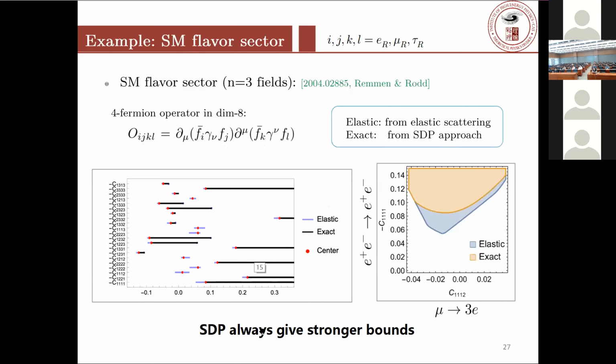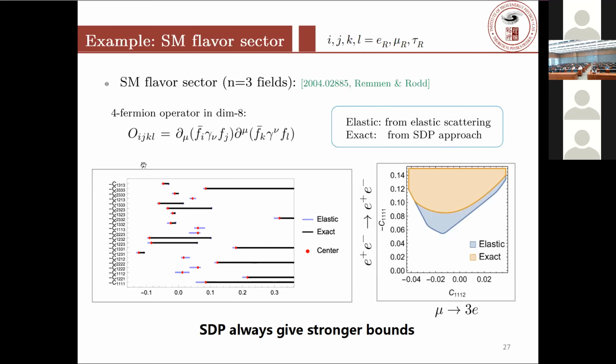The next example, we are going to consider the Standard Model flavor sector, which will contain the e, mu, and tau. The positivity bound of this sector has been obtained by this paper using the elastic approach. We here can write the four-fermion operators in dimension 6 in this way.